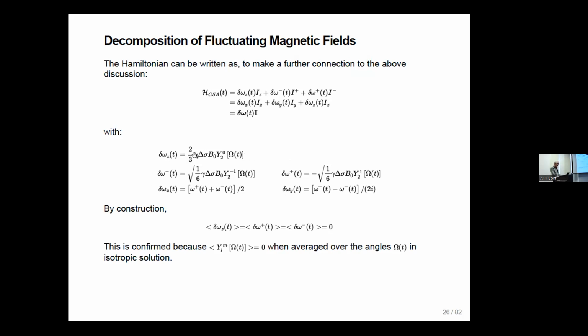And that frequency then, by collecting up all the constants, is 2/3 gamma delta sigma B naught times the spherical harmonic. And that spherical harmonic will average to 0 over all space. Same thing with the others. I can have a frequency associated with Y2 minus 1, Y2 plus 1. I can convert to Cartesian frequencies if I want. And again, they all average to 0.